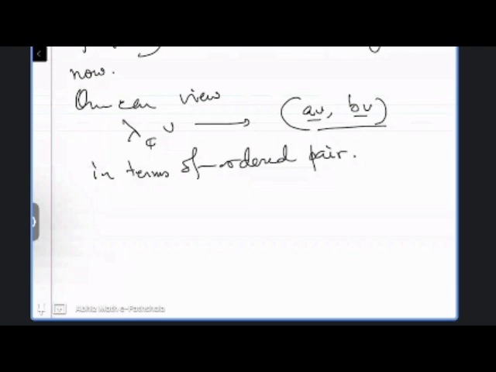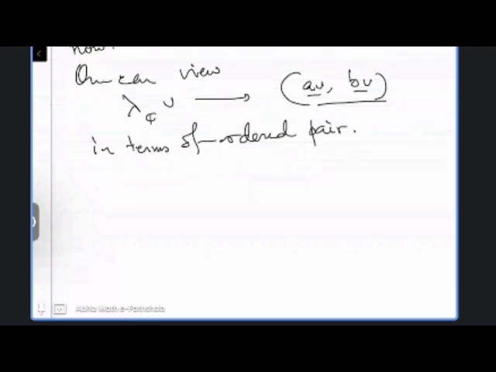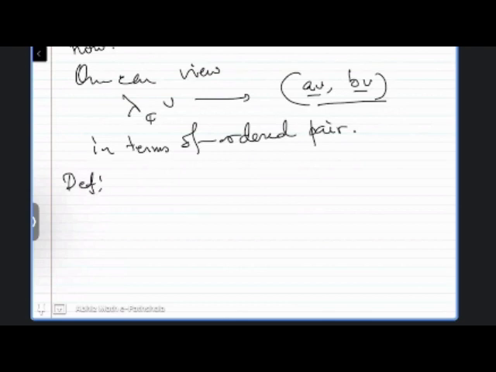So we are going to define it, and the definition will be the complexification.